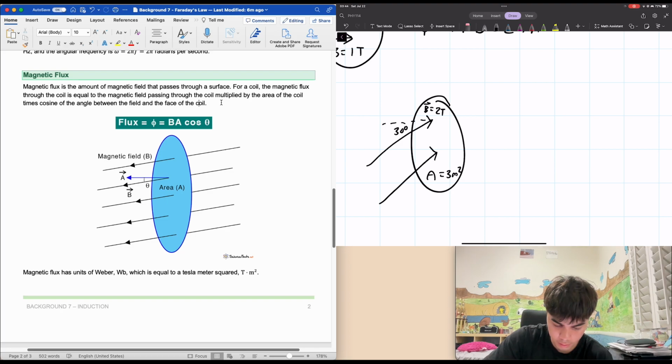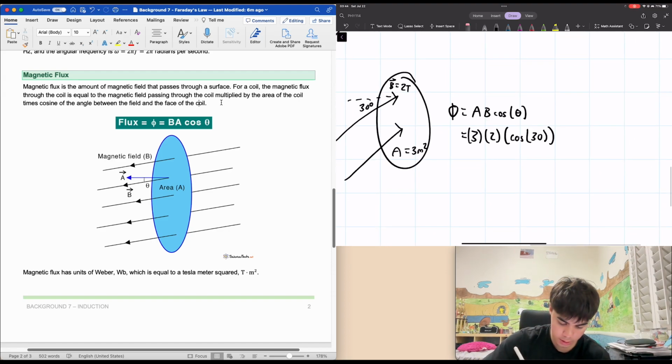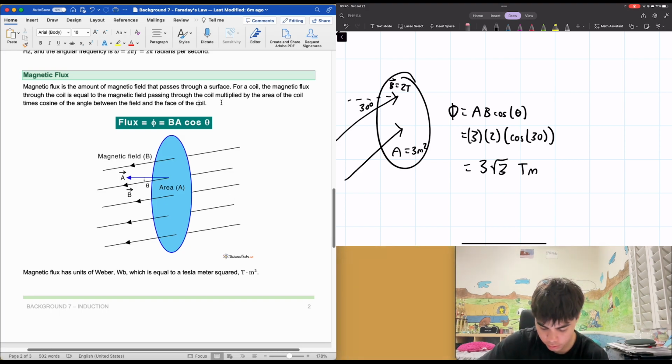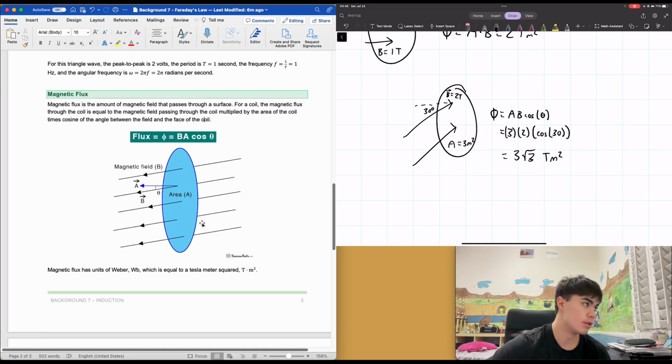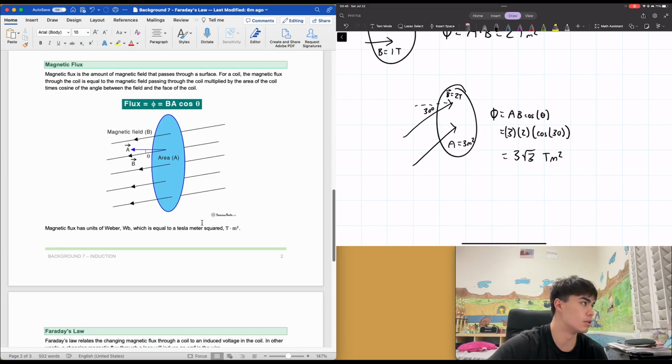So then the flux is A B cosine of theta, which is 3 times 2 times cosine 30, which is 3 root 3 Tesla meters squared. So magnetic flux is really a measure of how much magnetic field passes through a coil.